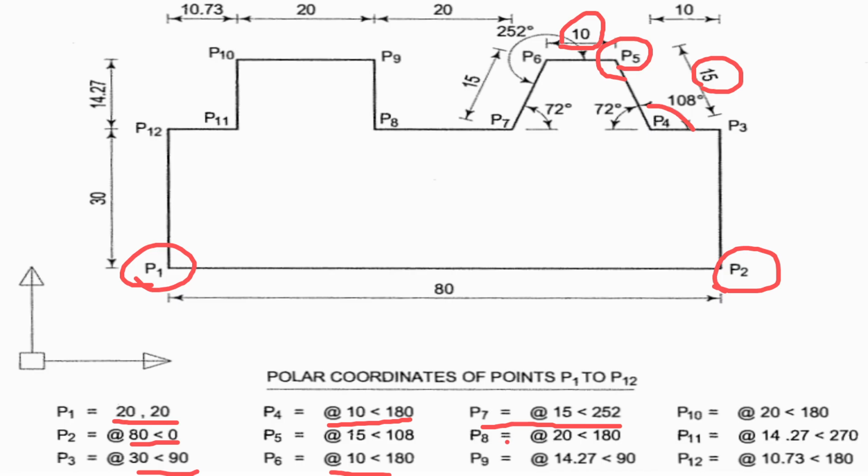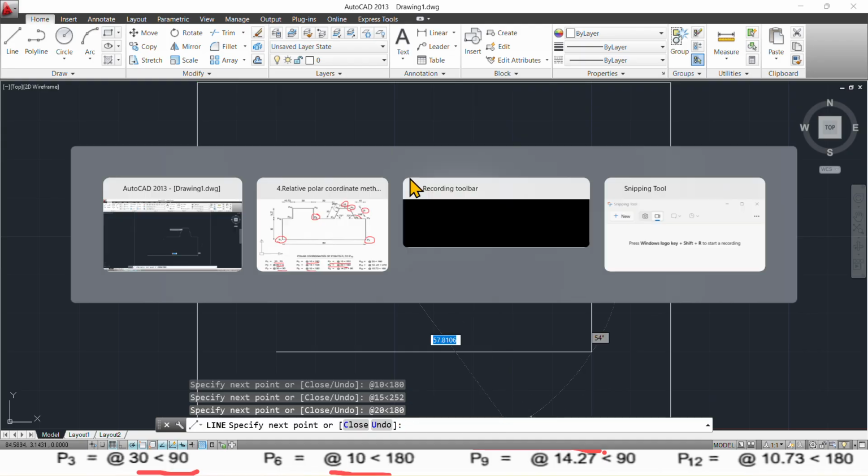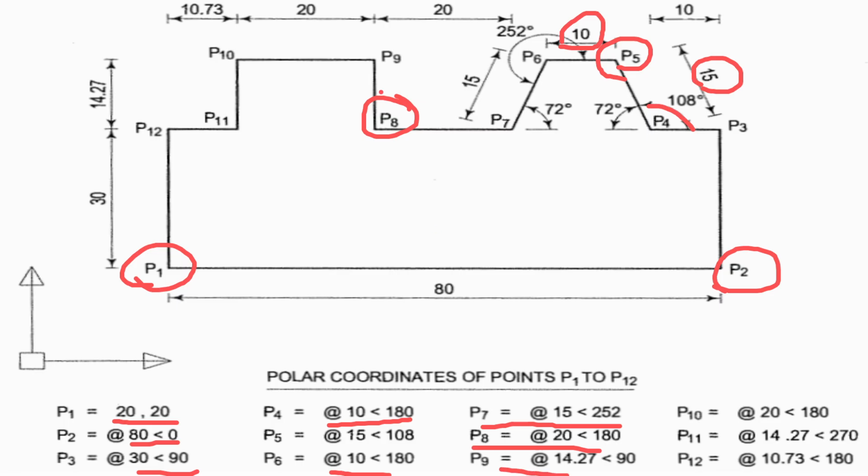Next, we'll have P8. For P8, the distance is 20 less than 180 degrees, at the rate 20 less than 180 degrees. Then after that we'll have P9.